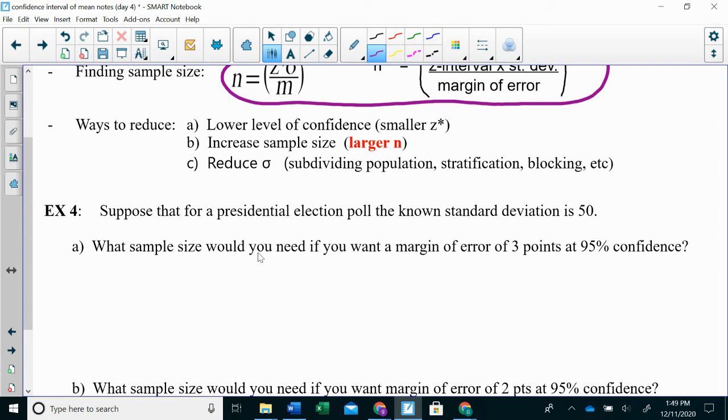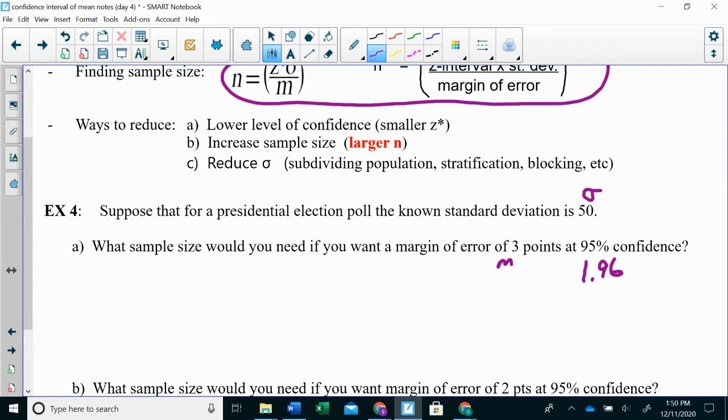What sample size would you need if you want a margin of error of 3 points and to be 95% confident? Okay, so 95% confidence means that we're going to use 1.96 for our Z interval. A margin of error of 3 points, there's our letter M. Standard deviation of 50, that's our Greek letter sigma.